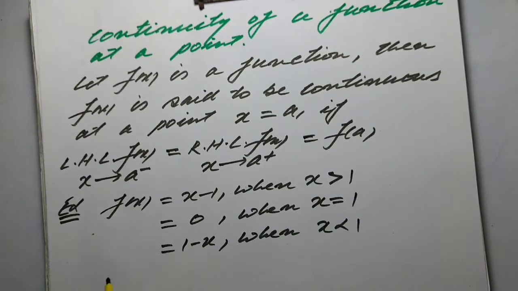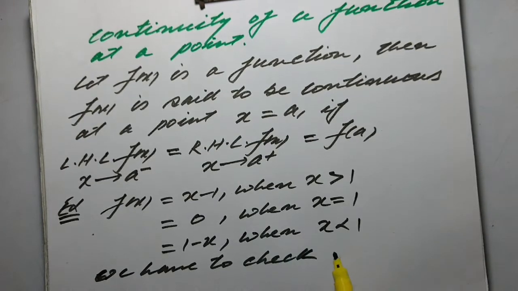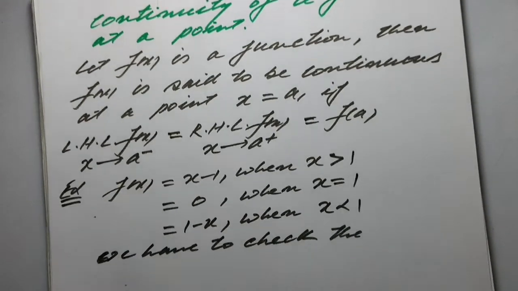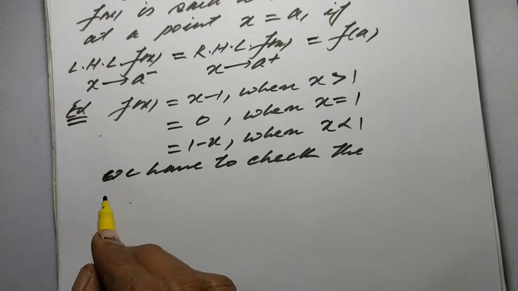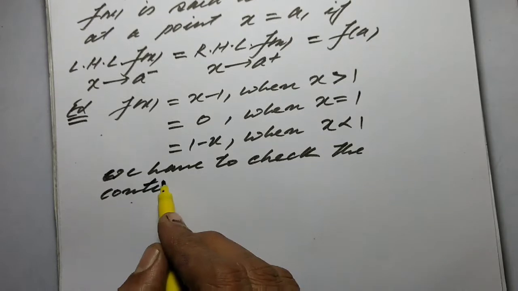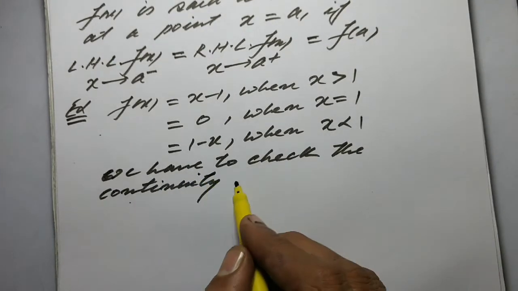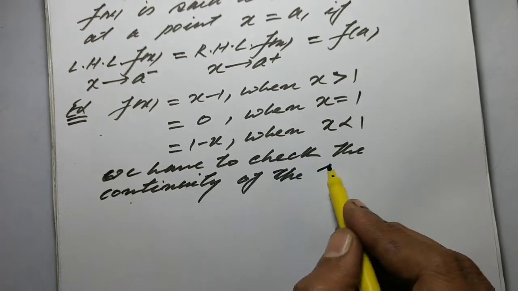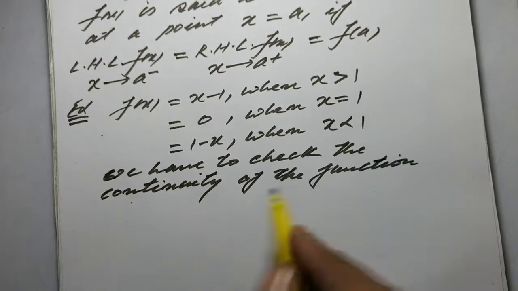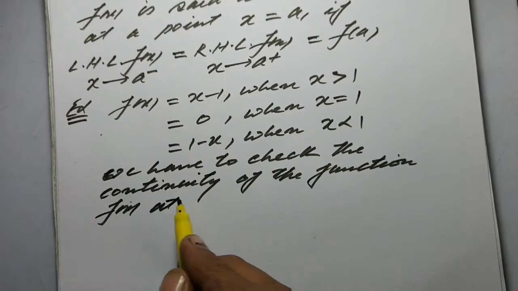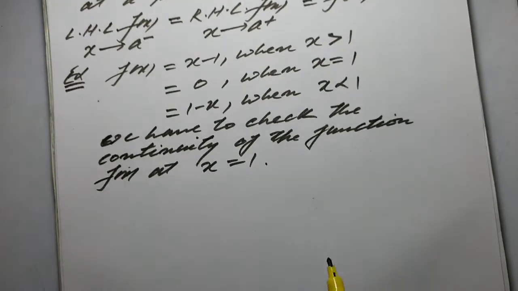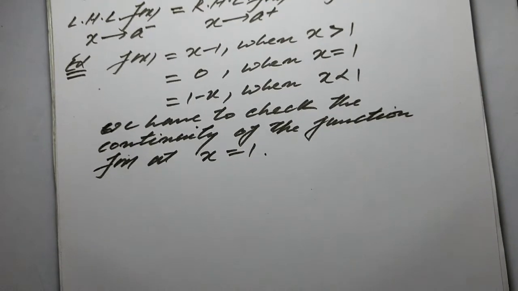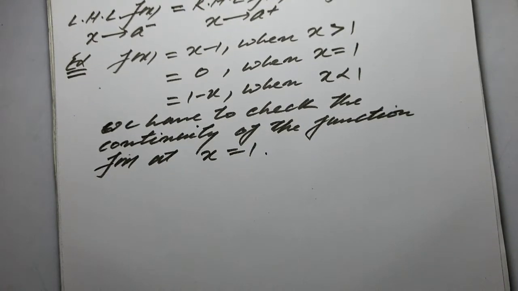So now we have to check the continuity of the function f(x) at x equals 1. Here I am going to explain the algorithm to find left hand limit and right hand limit.